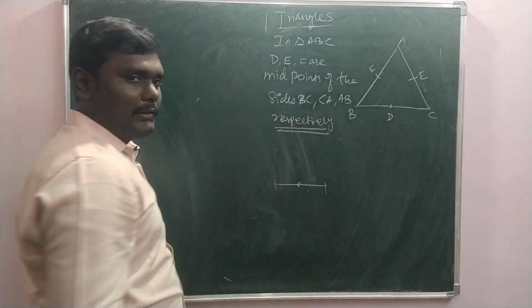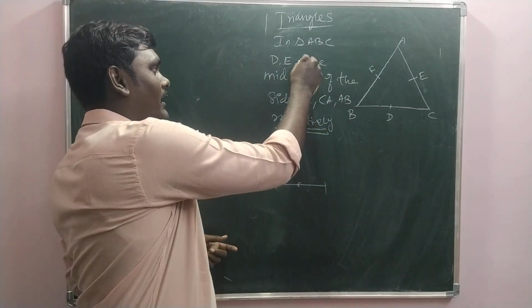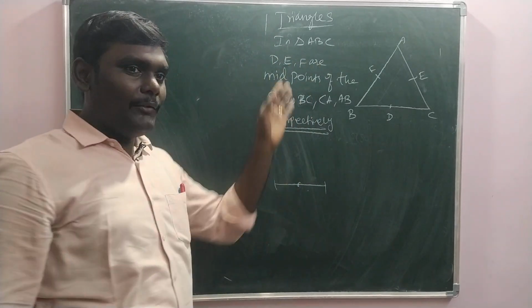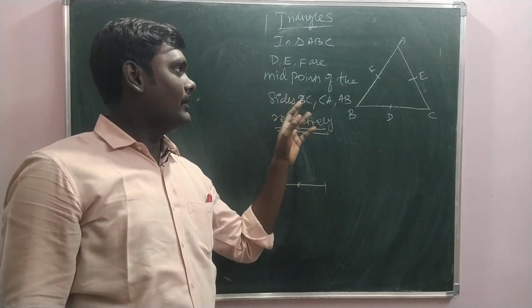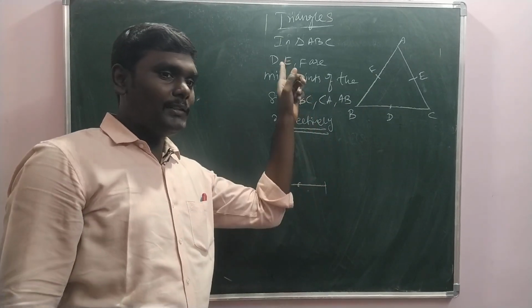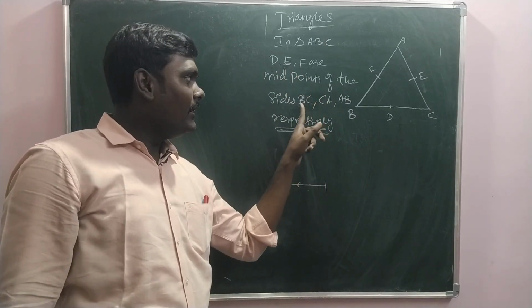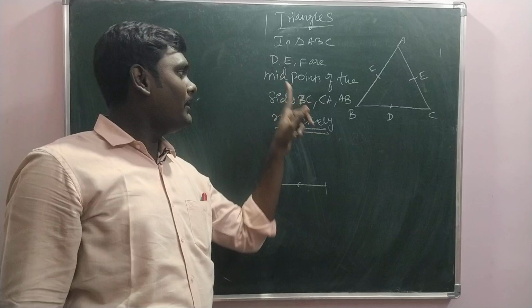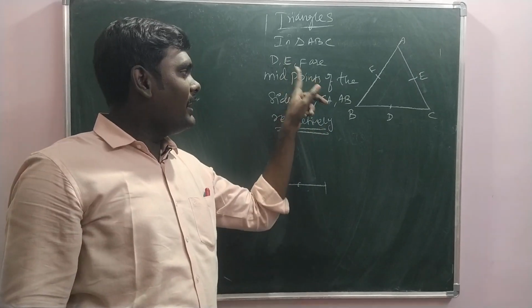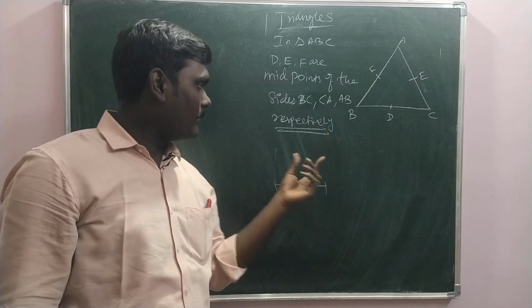Whenever the word respectively comes, it means that previously they have listed something, D, E, F. After that, the same kind of list will come: BC, CA, AB. So respectively means the first one has the same relation with the first one, which means D is the midpoint of BC, E is the midpoint of CA, F is the midpoint of AB.